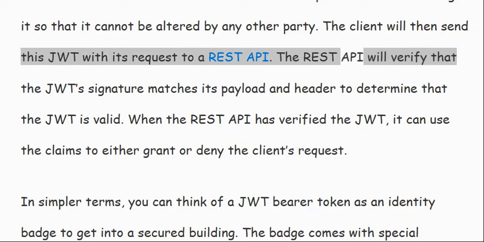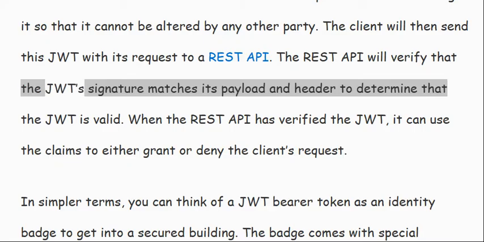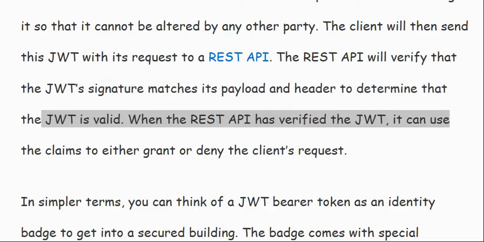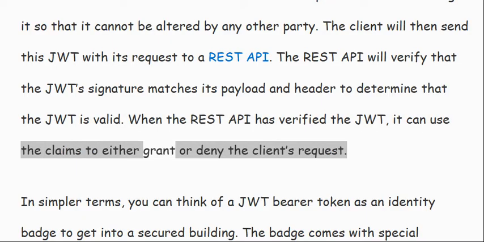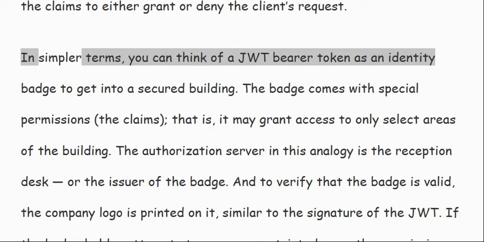The REST API will verify that the JWT's signature matches its payload and header to determine that the JWT is valid. When the REST API has verified the JWT, it can use the claims to either grant or deny the client's request.